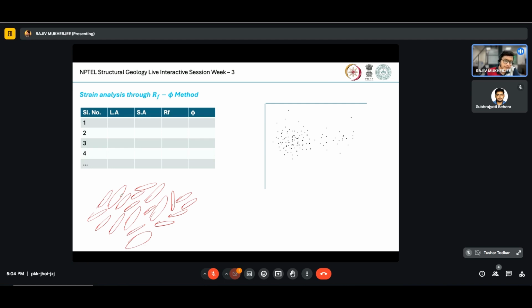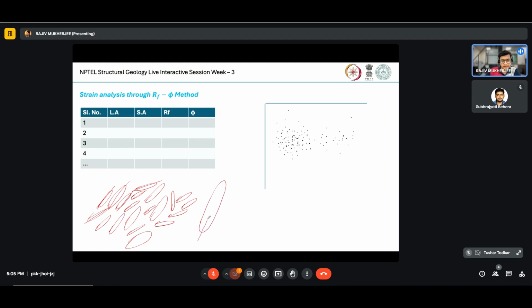From a set of these markers, we initially find the length of the long axis like this, and we measure. So for example, this is one deformed marker, right?